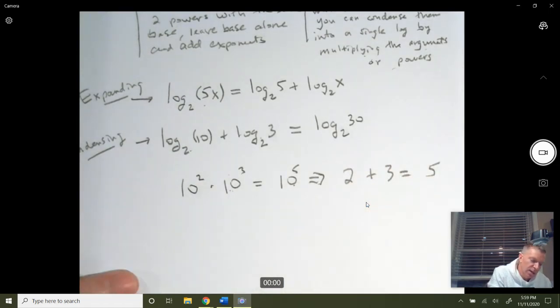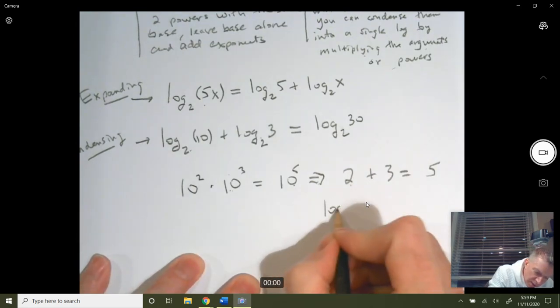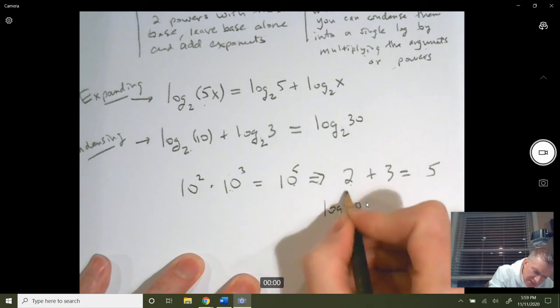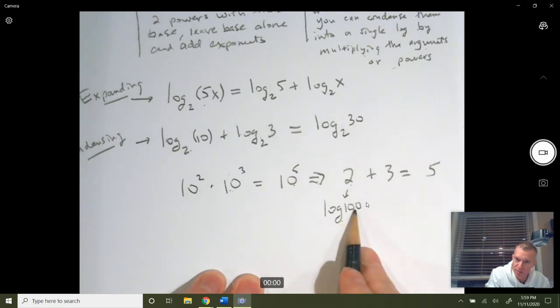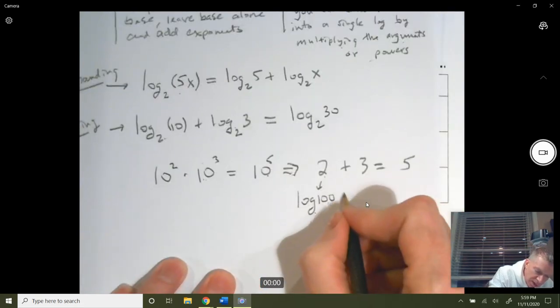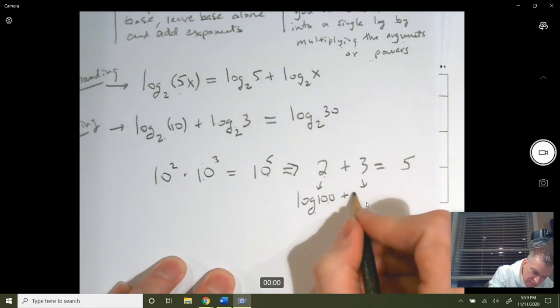Okay, let's talk about what this is. The log of 100. Do we agree that's equal to 2? Notice I didn't put a base there, so the base is 10. 10 to the what gives me 100? Log of 100 is 2. And then plus 3 is really the log of 1,000.